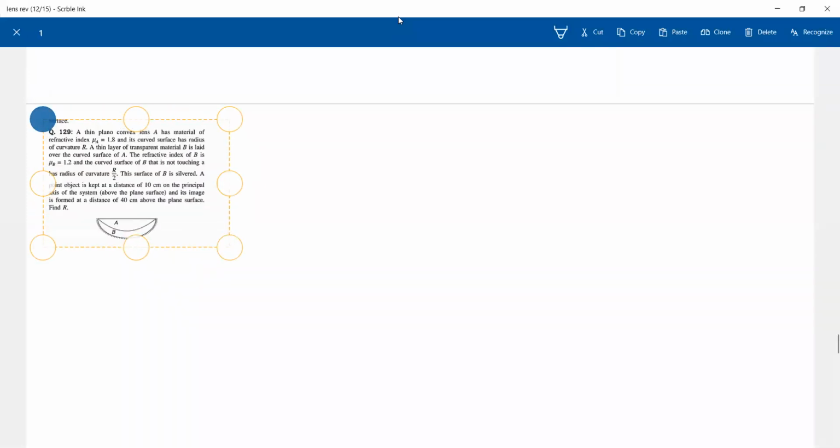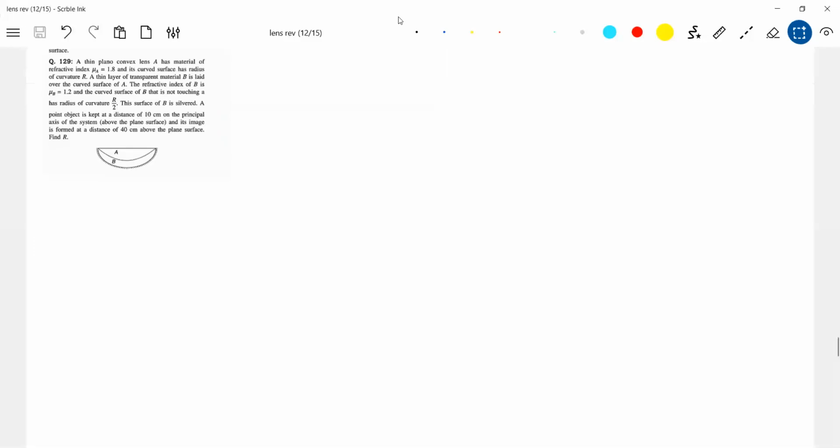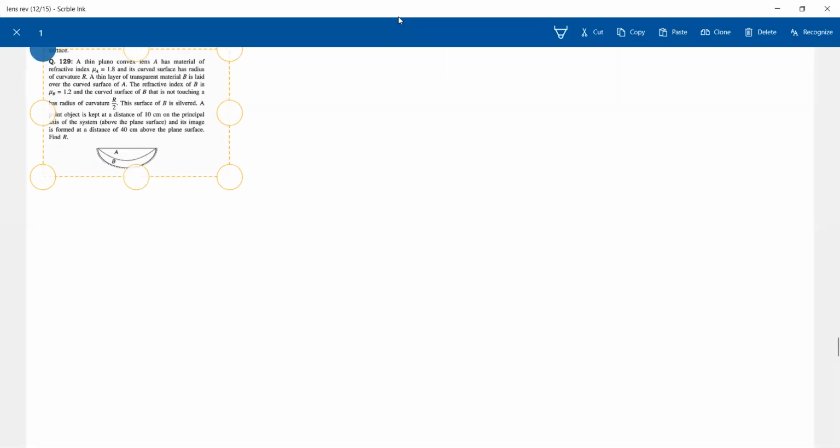I just picked up once again to give this brief description. So what we have, FA, this will become one lens, FB will become one lens, and we have a mirror. So first what we should do, FA and FB, I'll find out the effective focal length. So FA will become lens. And how to calculate that particular formula?